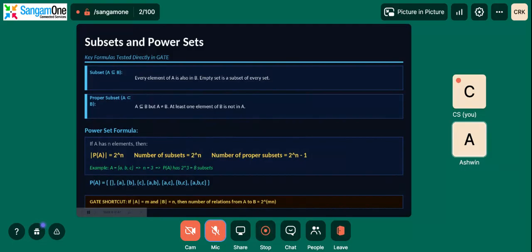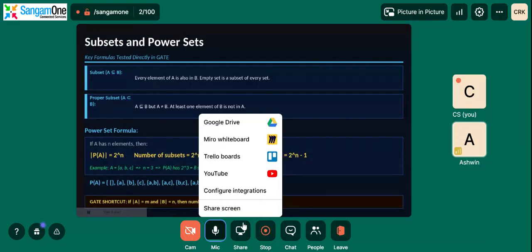Then moving on to the formula: if A has n elements, then the number of proper subsets of A is 2 to the power n minus 1. Why are we subtracting 1? We are excluding the empty set, as mentioned here.